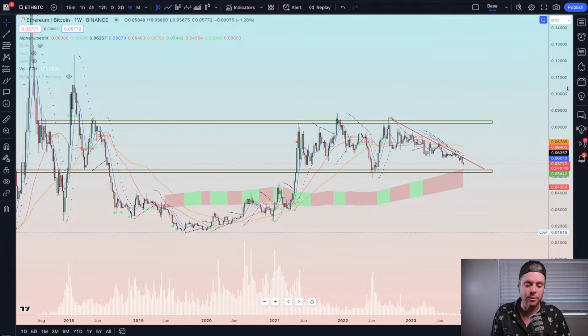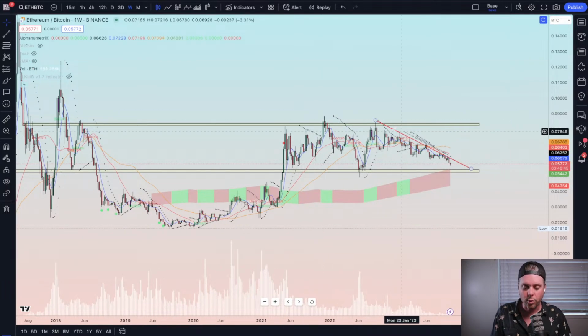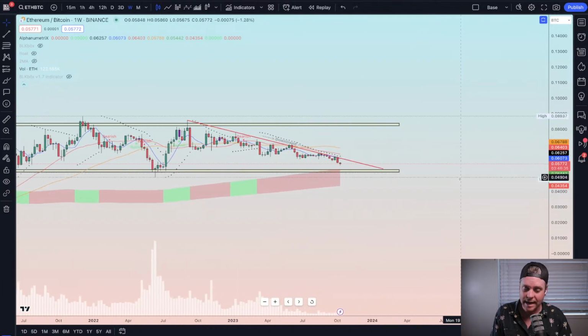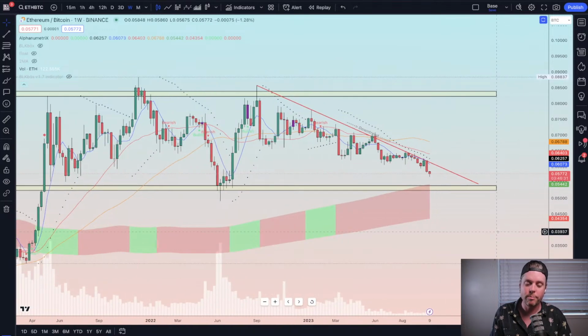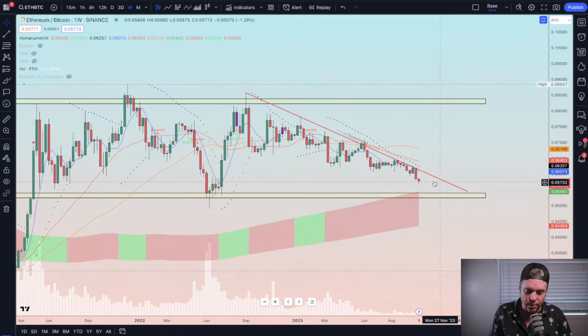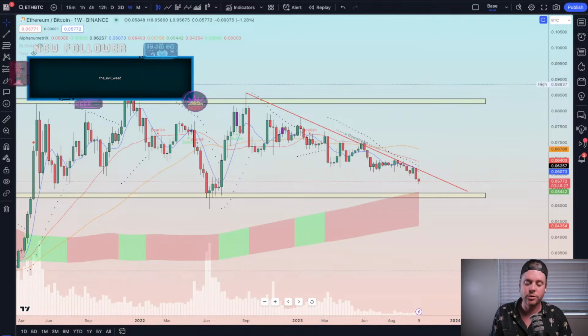We get an even clearer picture of this with the largest market cap altcoin in the market, and that is Ethereum. Ethereum has been forming this distributional trading range for a while, and we've been trapped under this downtrend basically since September of 2022. This downtrend is still intact. It's crystal clear. You are not going to outperform Bitcoin by buying Ethereum until this downtrend breaks.